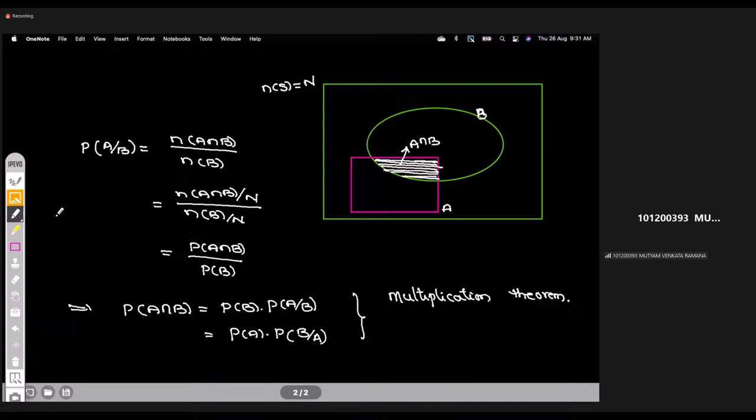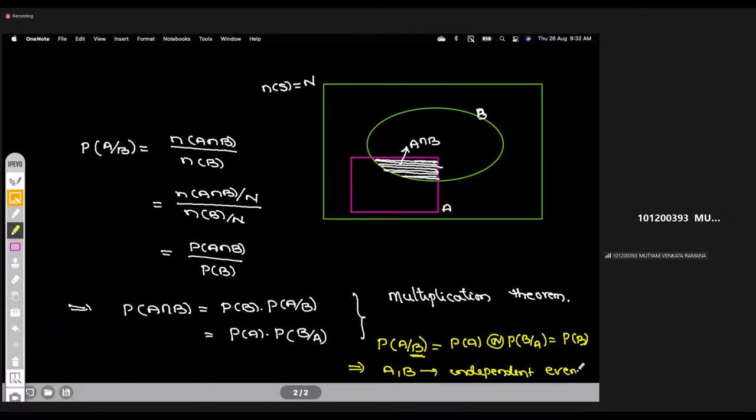Now, if the occurrence of A given B is not depending on the occurrence or non-occurrence of B, meaning occurrence of B is not affecting the occurrence of A, or probability of B given A is equal to probability of B, then we call A, B independent events.